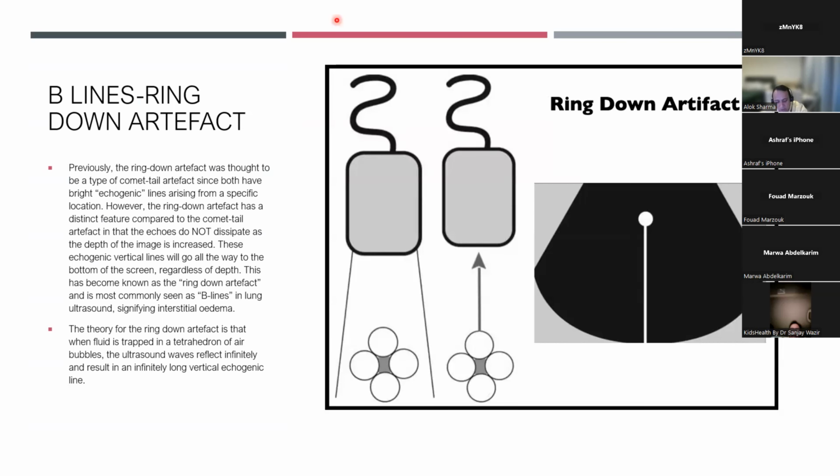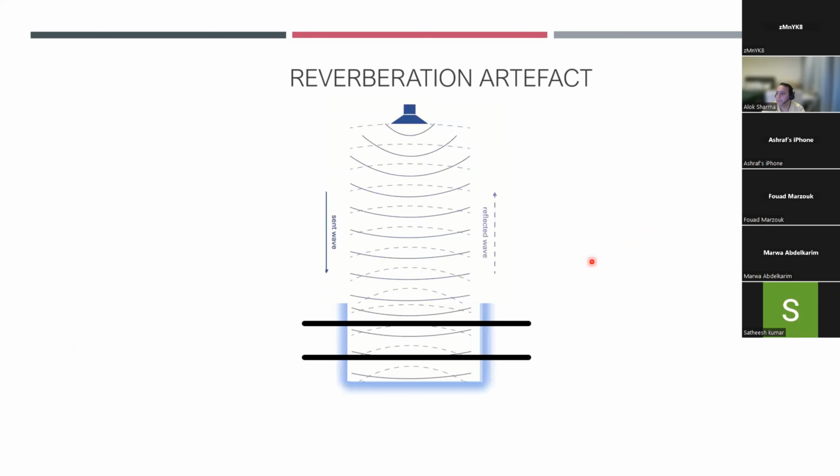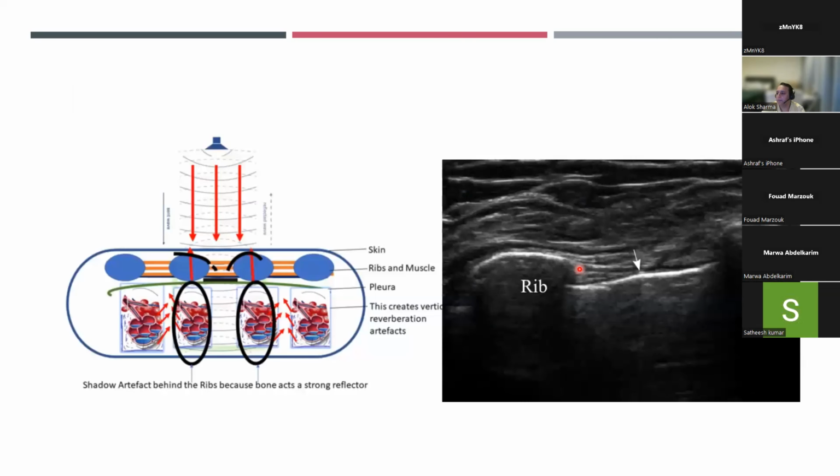We will talk about this and then finish, because I'm conscious we've gone beyond our time, but this is a very important concept. When sound waves are generated in the lung, this is the pleura. These are the rib spaces, which have acoustic shadow behind them. But in between, as I described to you, there are sound waves going through.